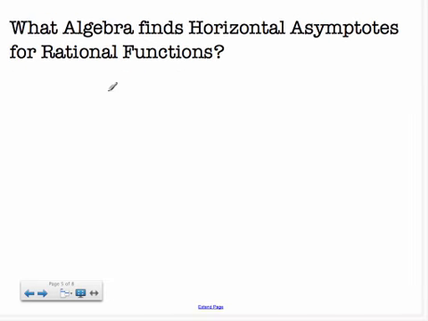Okay, so what is the algebra that helps us find these horizontal asymptotes, or tells us that there are no horizontal asymptotes? And the answer to that, believe it or not, is long division. So we're going to use long division, and we're going to look at the quotient of the long division problem.